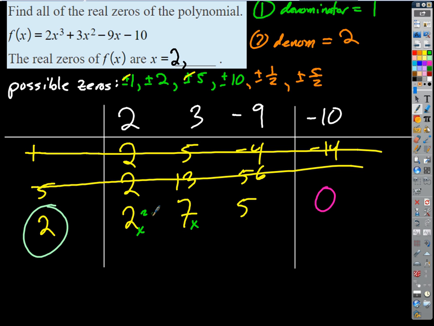So if we divide the original polynomial f of x by x minus 2, we get 2x squared plus 7x plus 5, and our goal is to find the zeros of that. But that's quadratic. That's easy, right? That's Unit 2 stuff. We can do that. We're up here in Unit 5, let's go back to Unit 2.